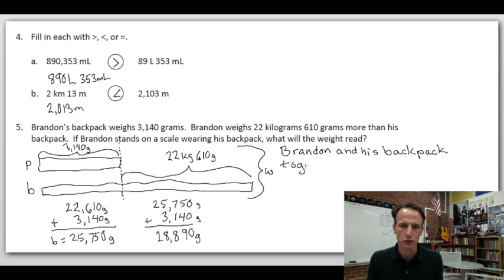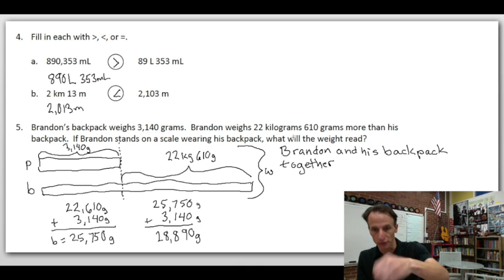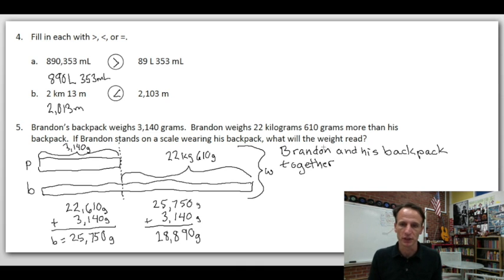And there's many ways you can write this. I mean, you could answer the question using the phrasing of the question, saying, if Brandon stands on the scale wearing his backpack, the weight will read. But I'm doing it this way. Brandon and his backpack together weigh. Now, I'm going to write it both ways because the weights we were given were both in mixed units and all in the smaller units. So I'm going to do both.